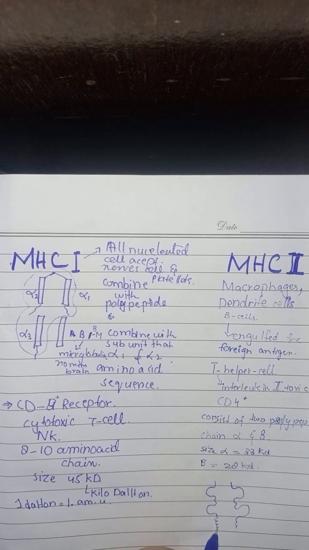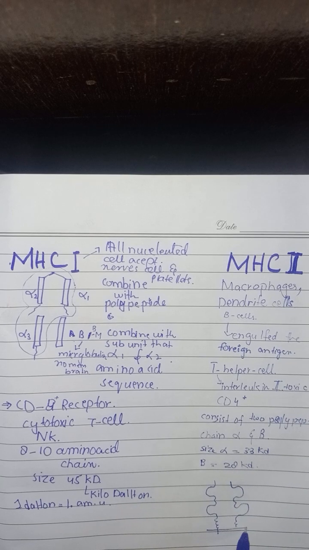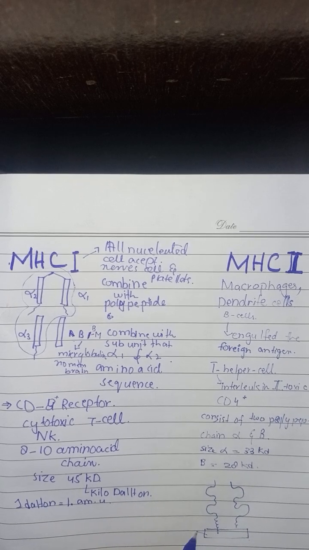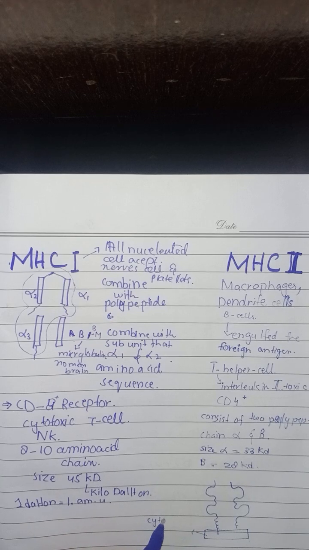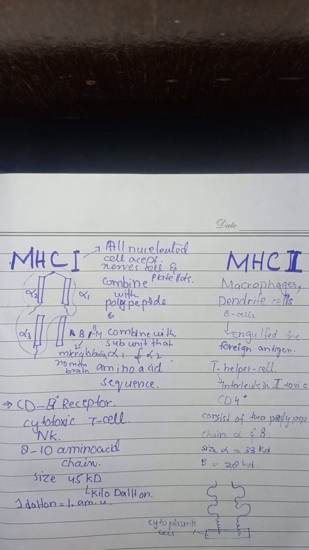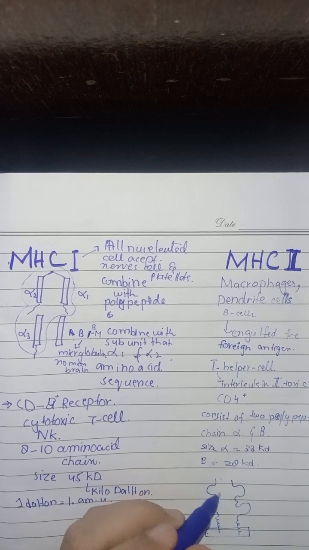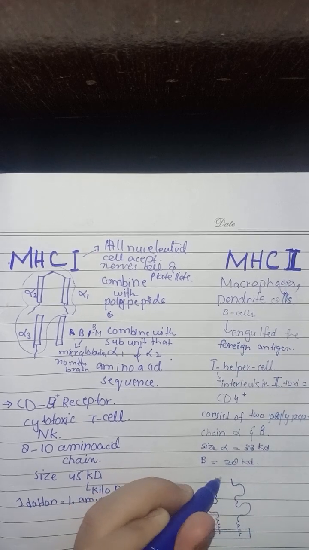Their structure is basically like this. They are connected with the cytoplasmic side here, and it has two chains, one is alpha and one is beta. Here you can see these both are covered with the membrane.